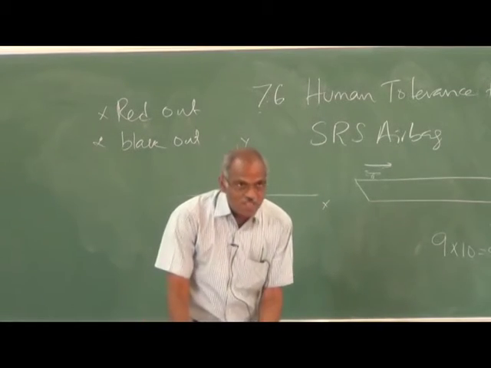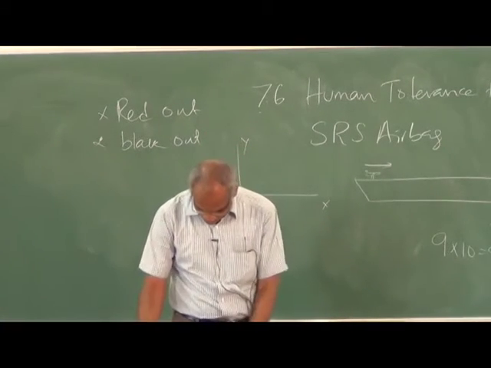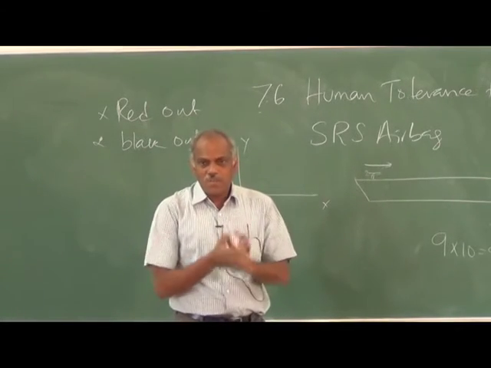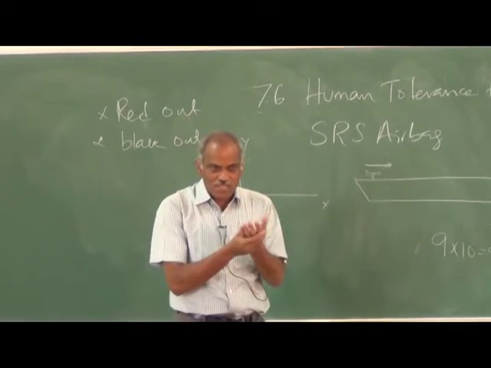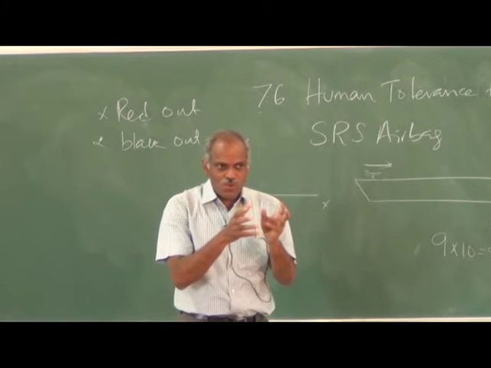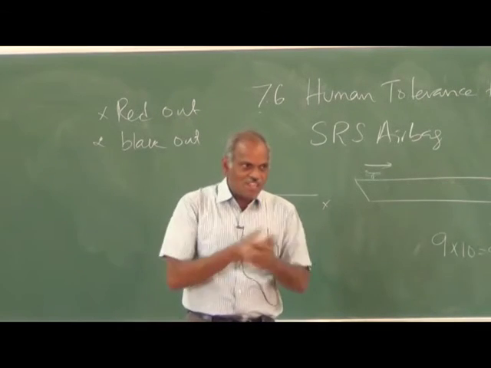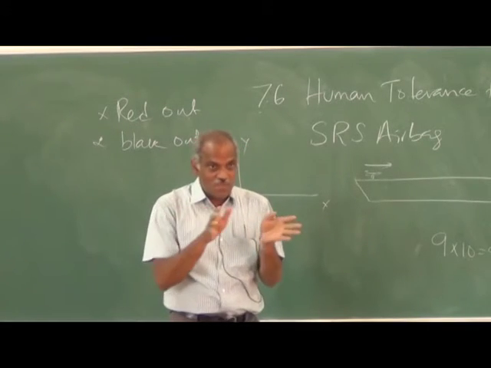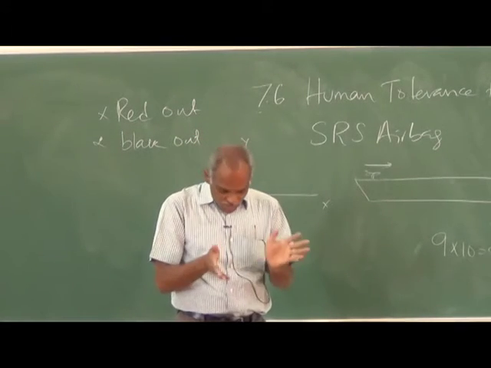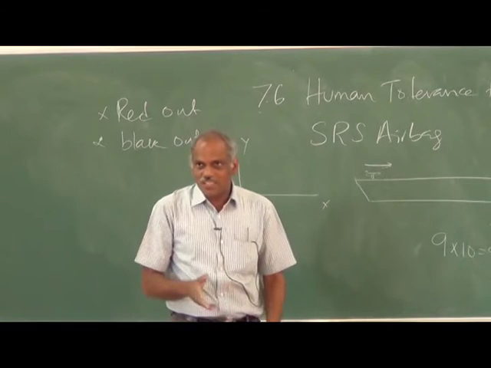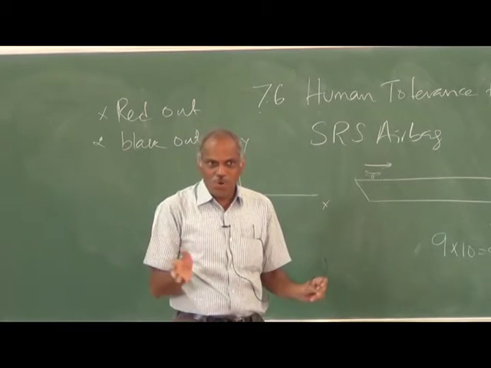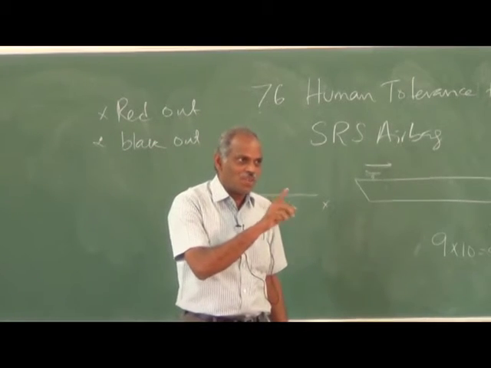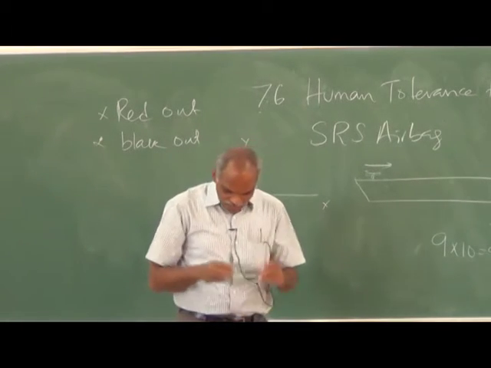Now some of the information that is very interesting. Because of the competition between various amusement parks, the designers will try to give you more and more acceleration. But more and more acceleration is dangerous. It may kill. So each US state has come out with a law. This is the maximum acceleration you can subject a rider of a roller coaster.